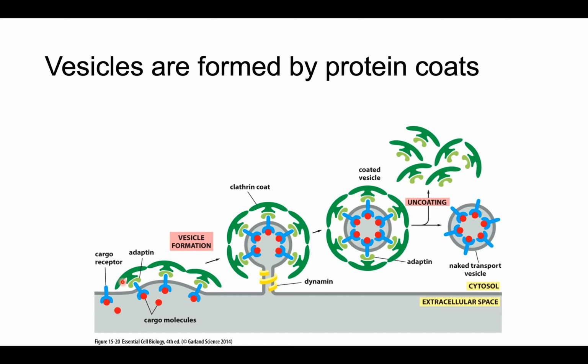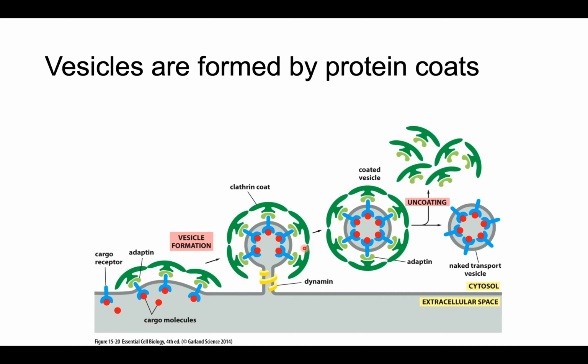So this coat is actually forming a structure that encourages this vesicle to form. The more adaptins, the more receptor molecules we have right here, the more the membrane is going to curve around. So the shape of these clathrin coats is what helps shape those vesicles.